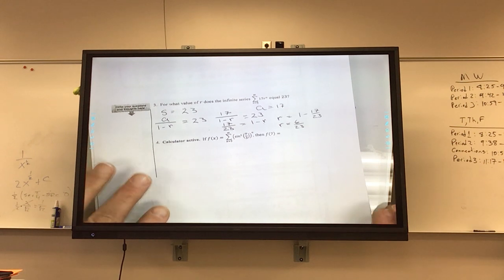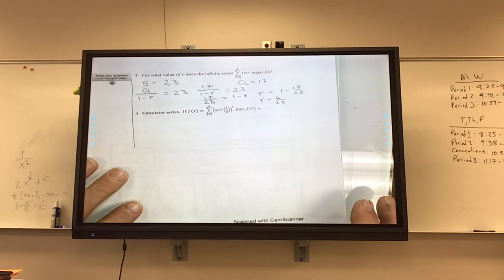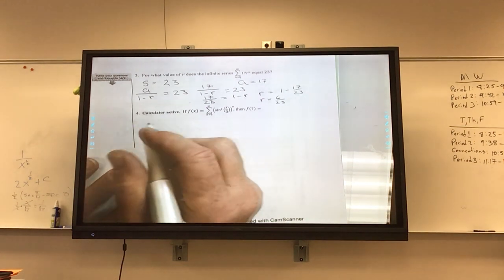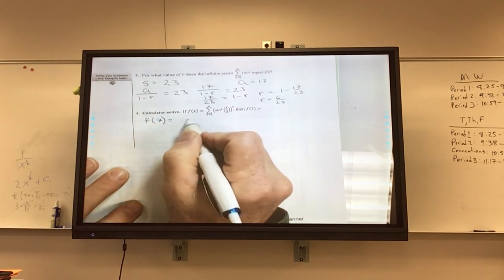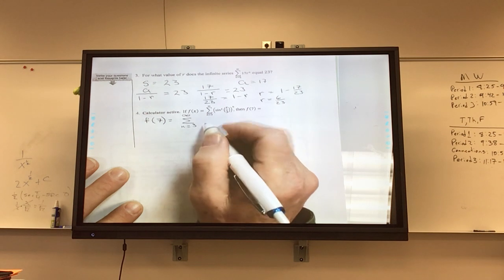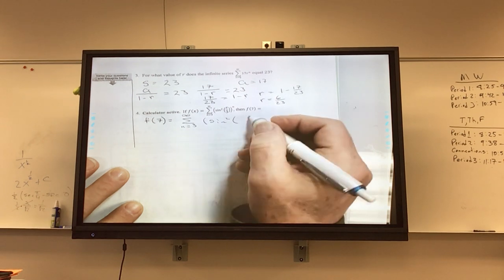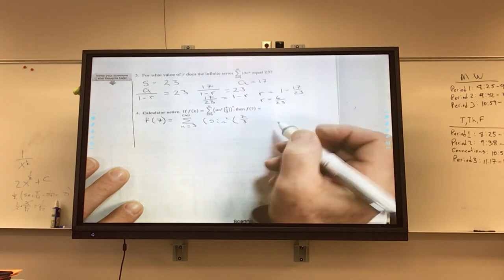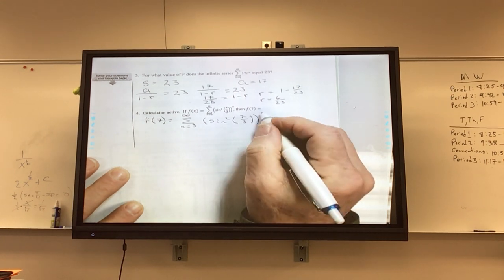All right, so this is a common problem you get, and it looks extremely scary. This is a calculator active one, and I'll tell you the steps that I did. I first plugged in 7, and I wrote down the summation from n equals 3 to infinity of sine squared of 7/3 to the n.